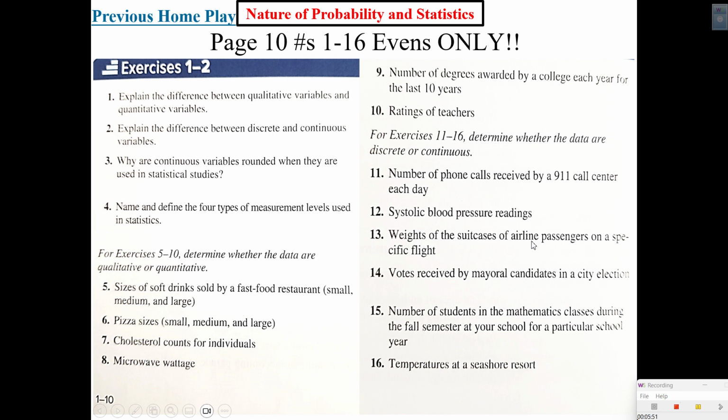So last time you did 1 through 16 evens. So let's start with number, let's see.